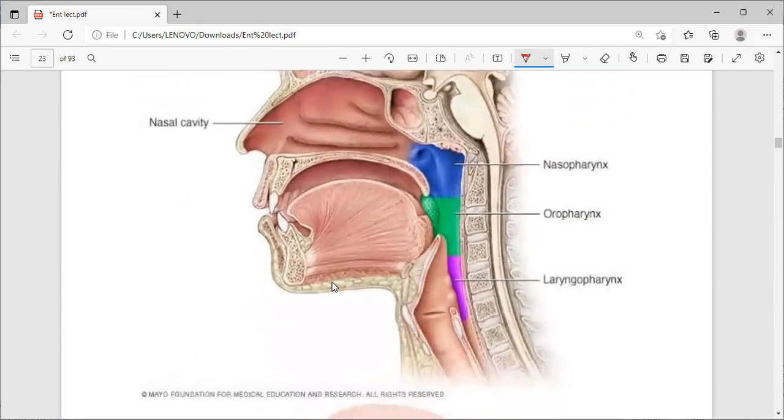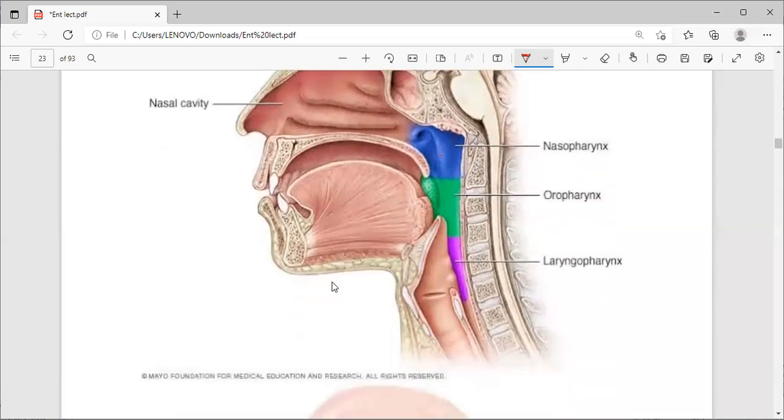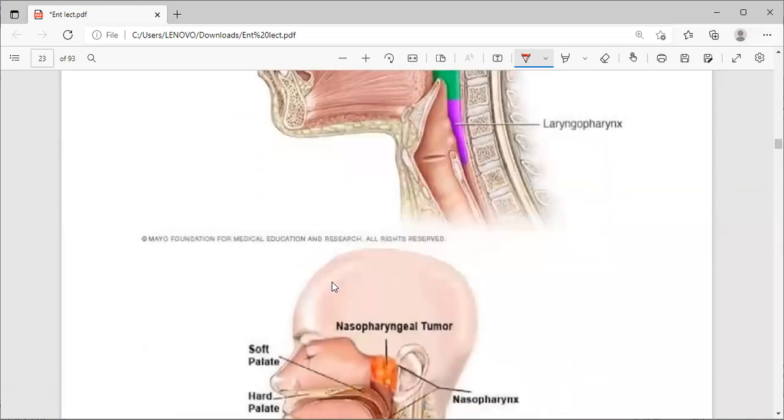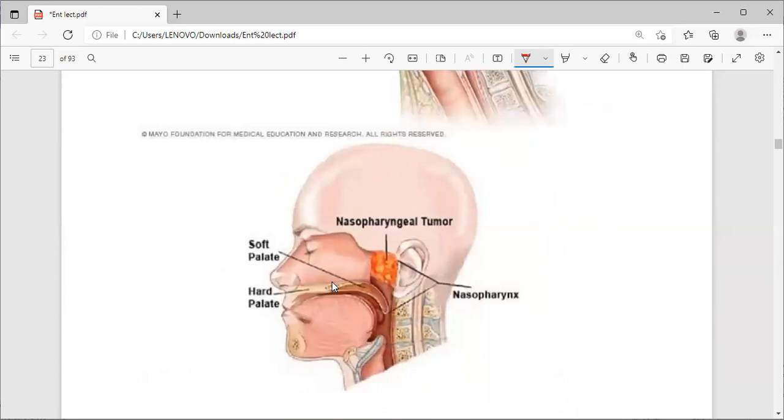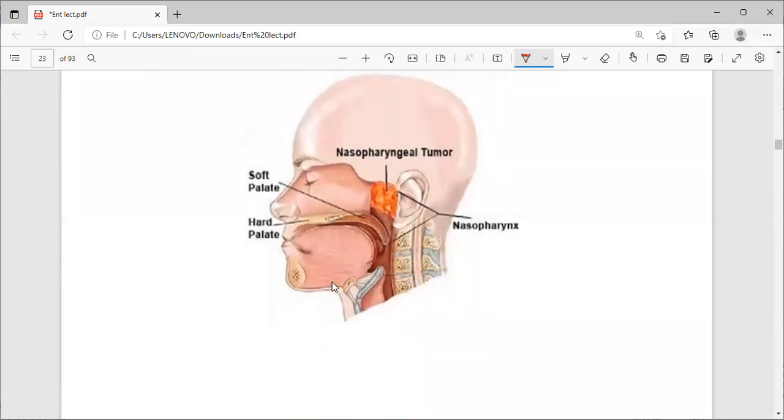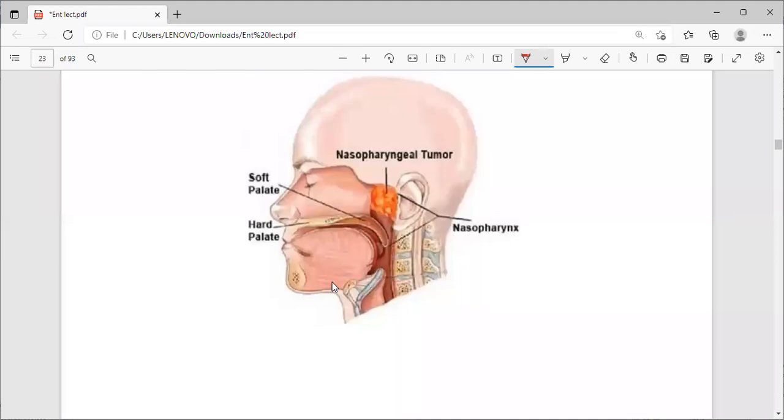Now here you can see the nasopharynx, the oropharynx, and the laryngopharynx. Now let's move further. The next topic is nasopharyngeal carcinoma. Here is one ear, here is the other ear.